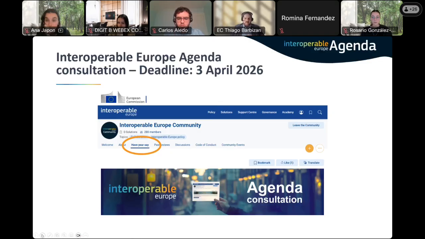So what we wanted to understand is to hear from stakeholders and the Interoperable Europe community: are these priorities still relevant for the next iteration of the agenda? Should they continue featuring on the agenda? Is there anything else that needs to be considered that the current agenda is not looking into right now?